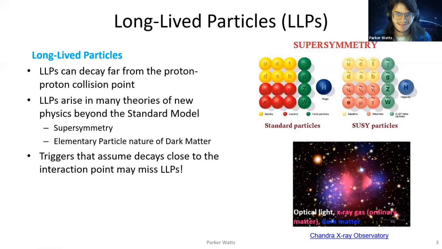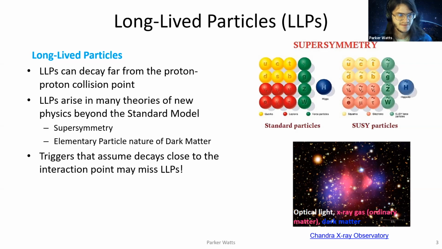So long-lived particles, which I refer to as LLPs in this slideshow, can decay far from the proton-proton collision point in the detector. There are some long-lived particles you know about, like protons and electrons, but there are also LLPs that arise in theories beyond the standard model.